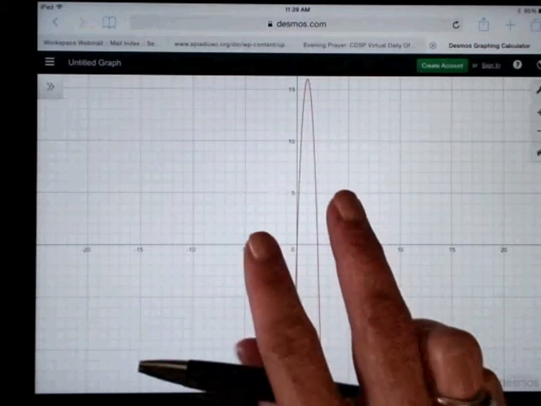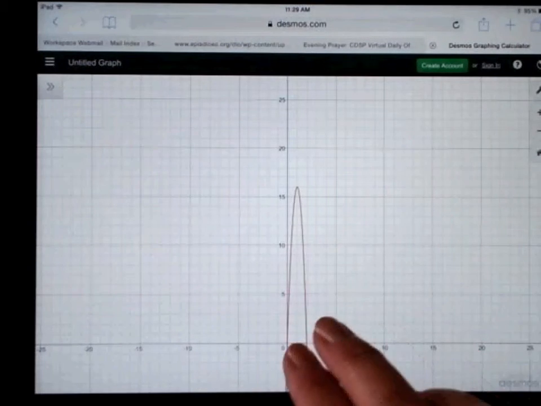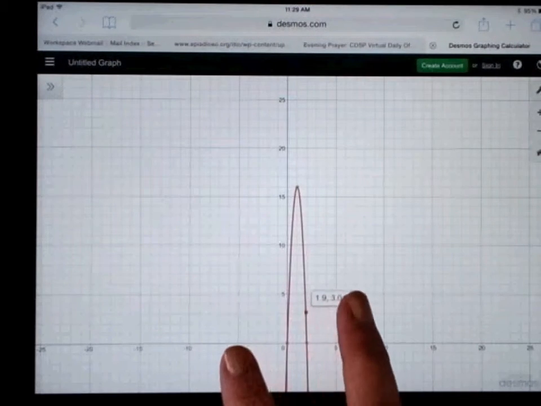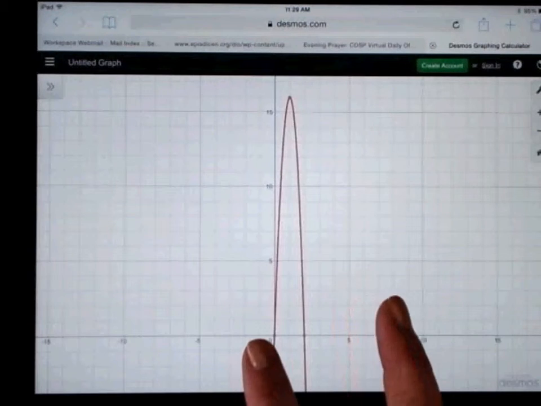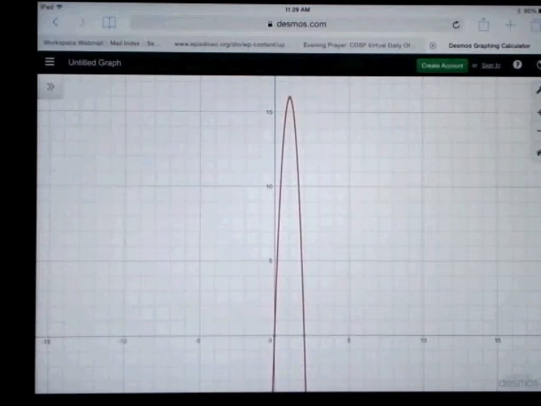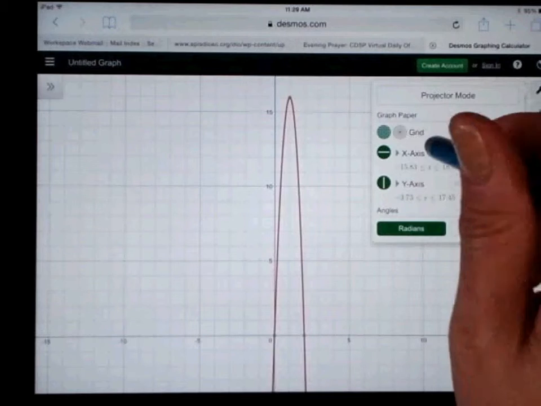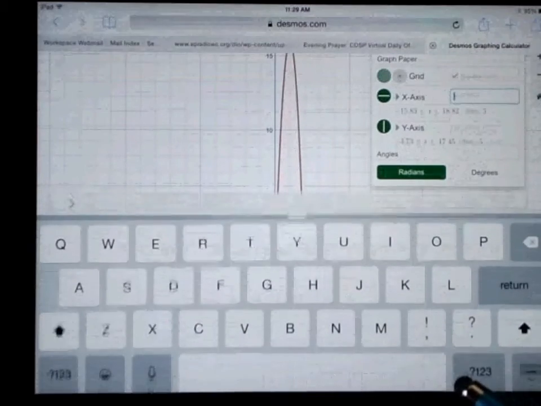So now let me adjust my screen a little bit here. So this red line represents the path of the ball. I'm going to adjust this just a little bit.